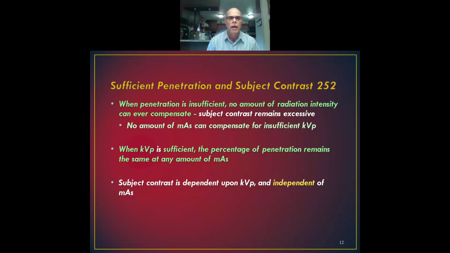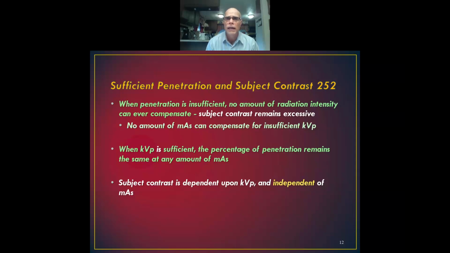And of course, the amount of x-rays coming to your image receptor controls your overall level of contrast, your scale of contrast. So the more that can actually get through, the longer scale of contrast you're going to have.